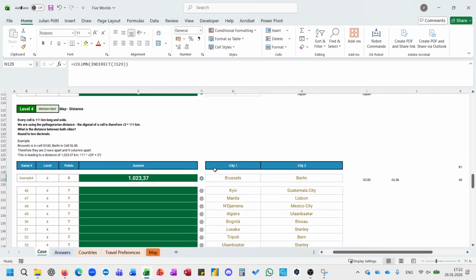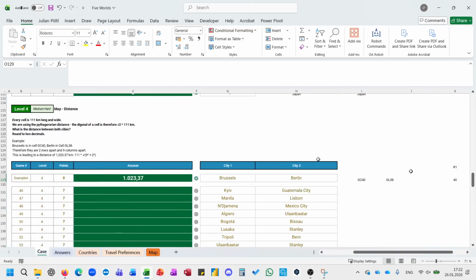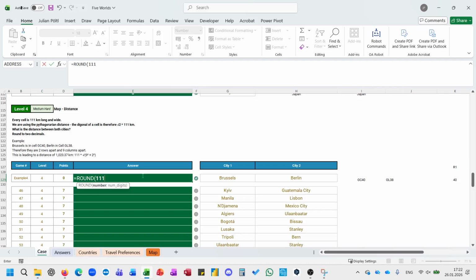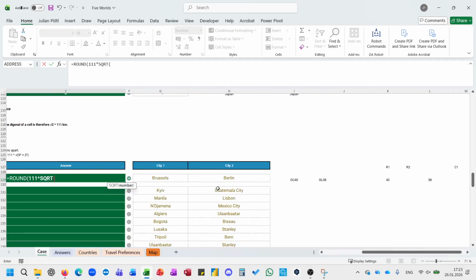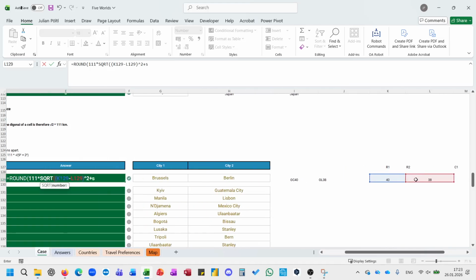And then we know 2 rows apart, and here it's 9 rows, and therefore we're using ROUND, not Roman, ROUND of the square root of 111 times the square root of row difference squared plus column difference squared.